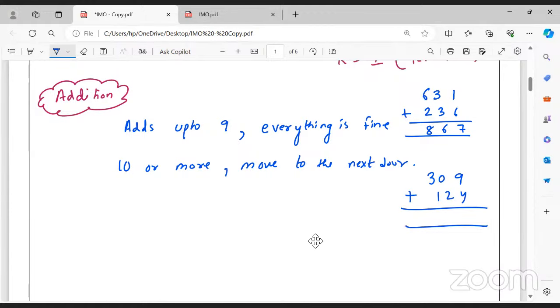If I add, your answer is 433, isn't it? 9 plus 4 is 13. So 10 or more, move to the next door. So 1 is carried forward to the next door and 3 remains at the unit's place. 2 plus 1, 3, 3 plus 1, 4. Did you like this poem? Glad that you liked it.